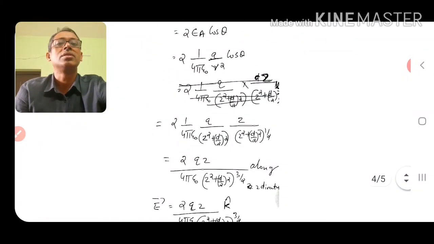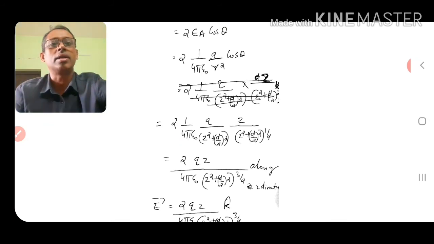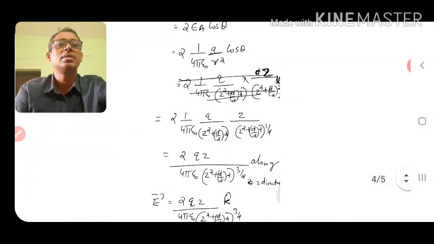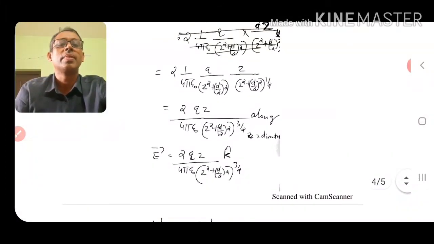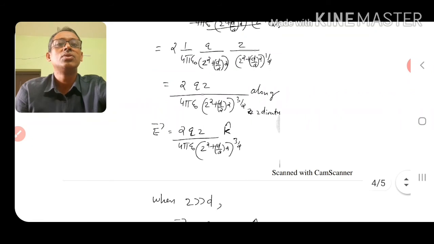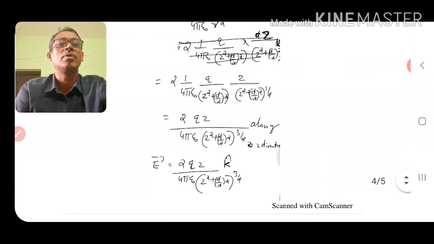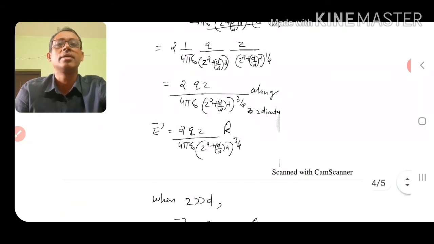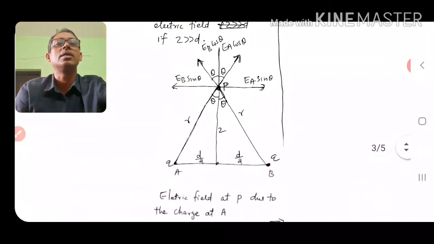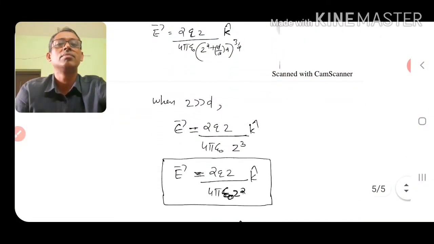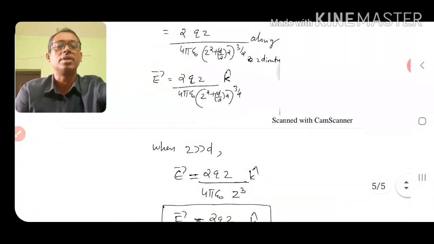So we substitute for r, and since cos theta is z by r, what we get is 2qz over 4 pi epsilon 0 into z square plus d by 2 square whole to the power 3 by 2, k, where k is the unit vector along the z direction. So this is the electric field.